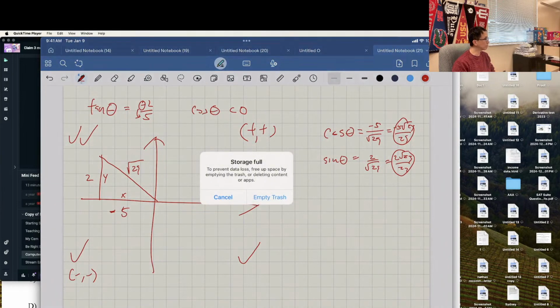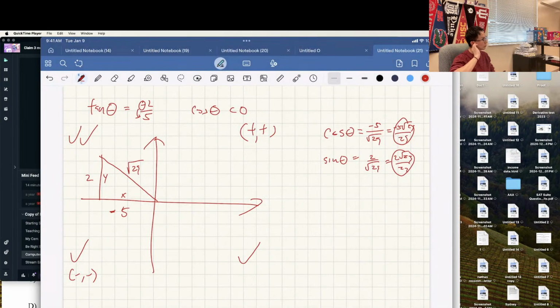Wait, I still don't understand. Okay, can somebody say it for me? It's like where the x and y are positive. Because tangent is composed of opposite over adjacent, right? That means y over x. If they're both negative, tangent's going to be positive.